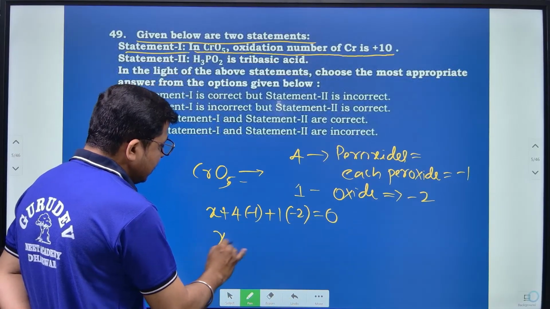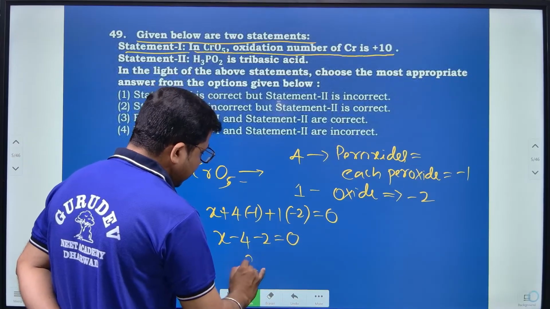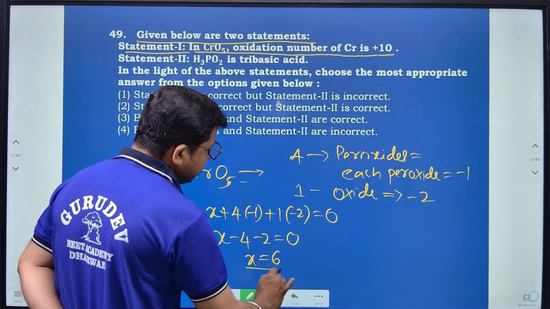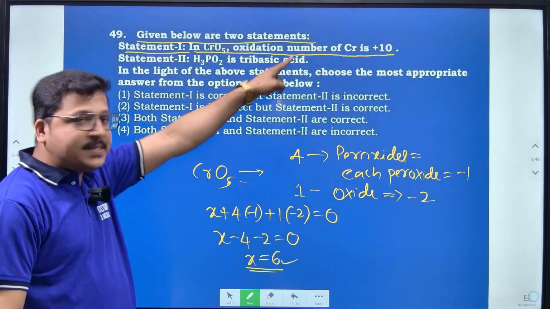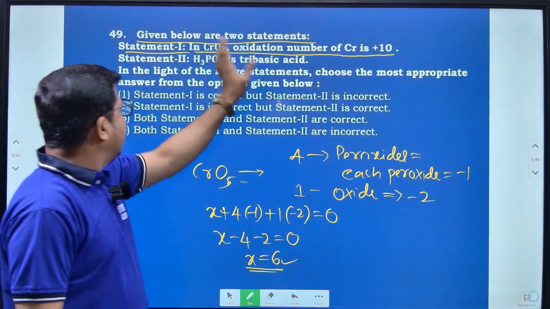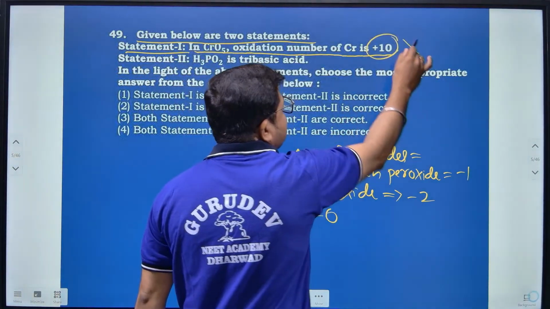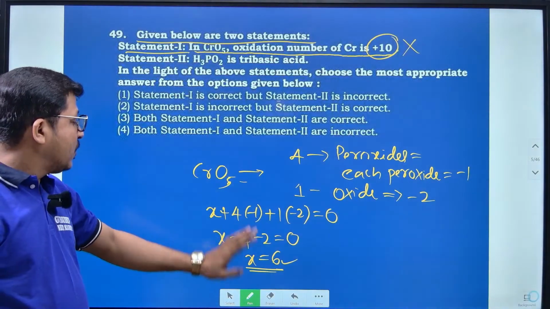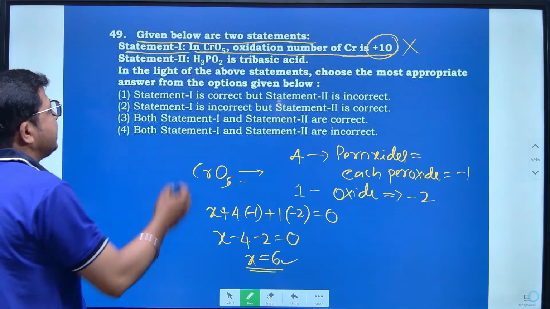This becomes X minus 4 minus 2 is equal to 0, and X is equal to 6 is the answer. The oxidation state of Cr in CrO5 is given as +10, hence statement 1 is wrong because the oxidation state of chromium in CrO5 is +6.